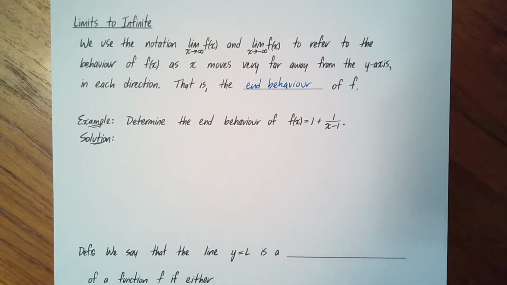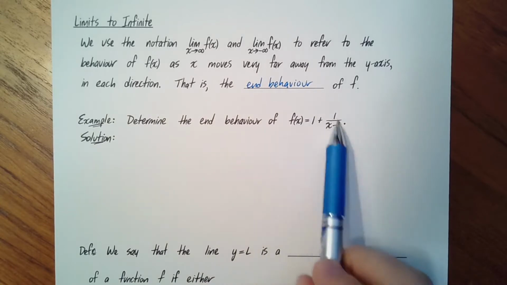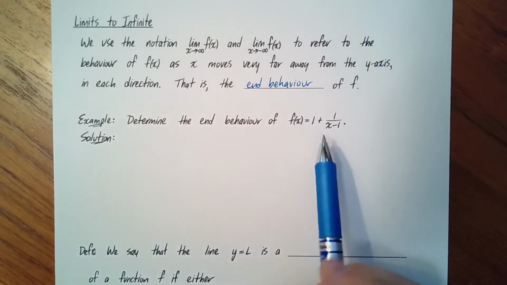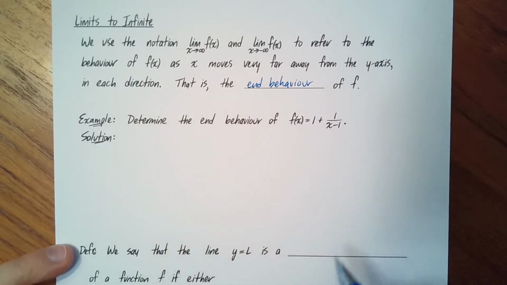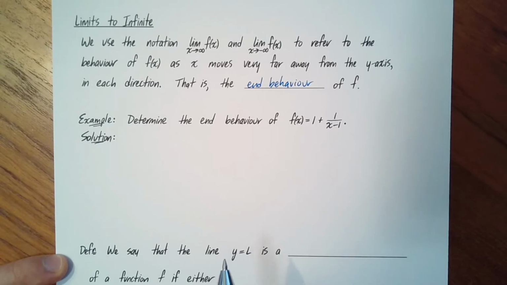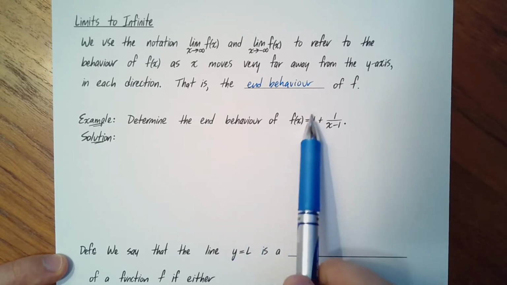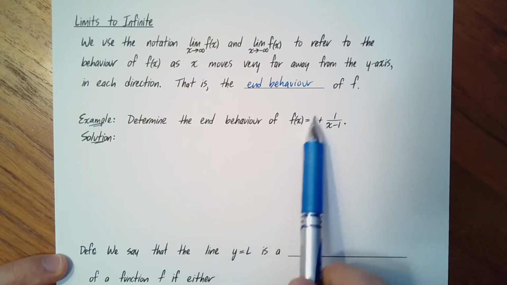Okay, so here's an example. Let's determine the end behavior of the function f defined by this rule. So f of x is equal to 1 plus 1 over x minus 1. And the first thing I want you to notice is that this is actually the standard hyperbola shifted 1 unit to the right because of the subtraction of 1 from x. And then it's also shifted 1 unit up because of this extra plus 1 term.